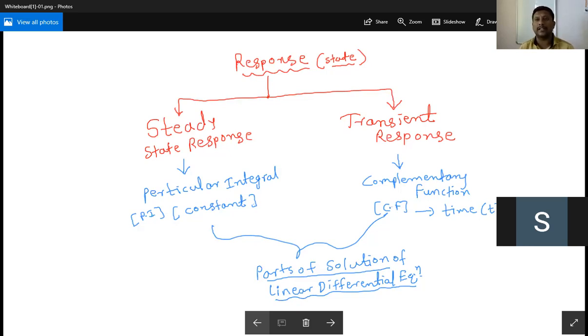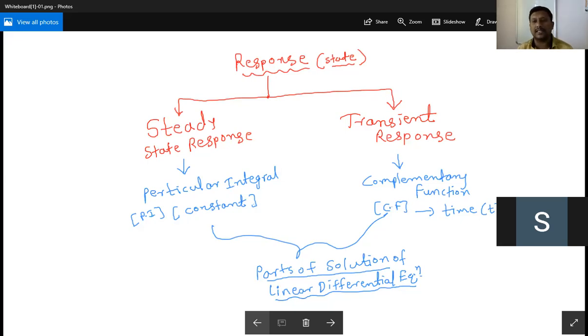So we are finding the steady state and transient response of RL circuit, RC circuit, and RLC circuit in this chapter. For that purpose, we are giving a step voltage or step current, or indirectly we can say DC sources, which may be a voltage source or a current source.